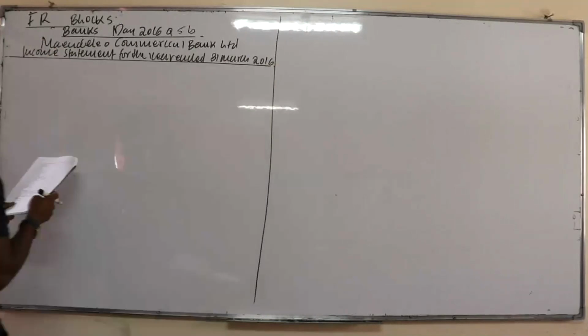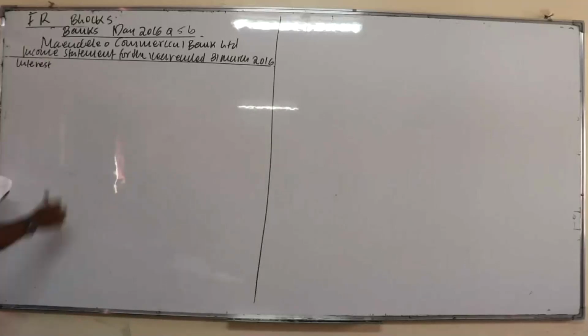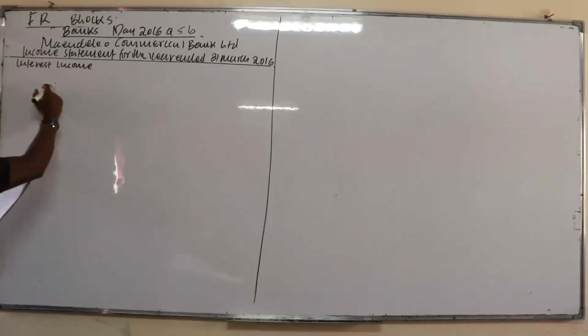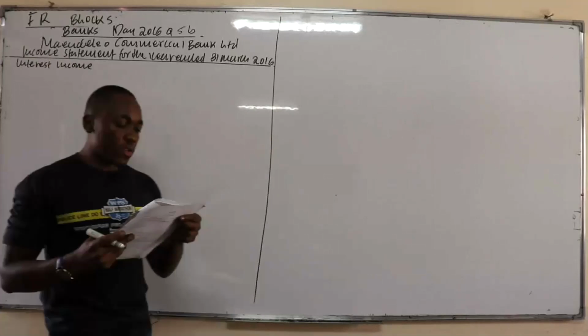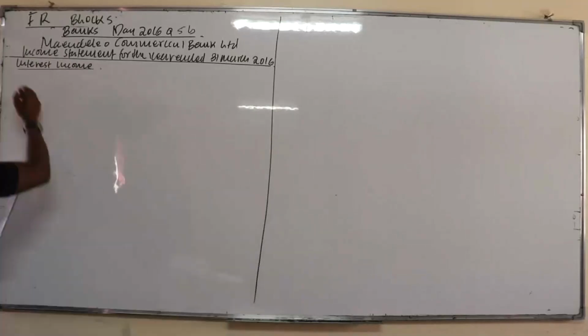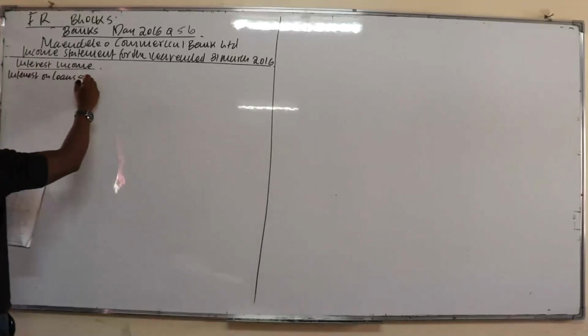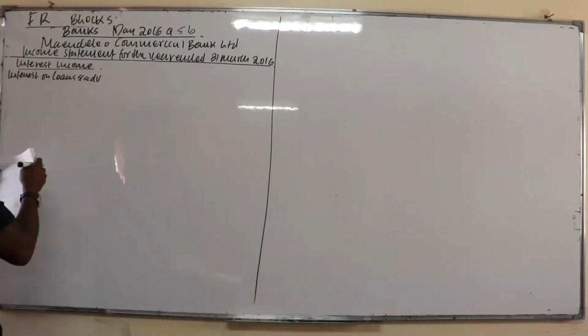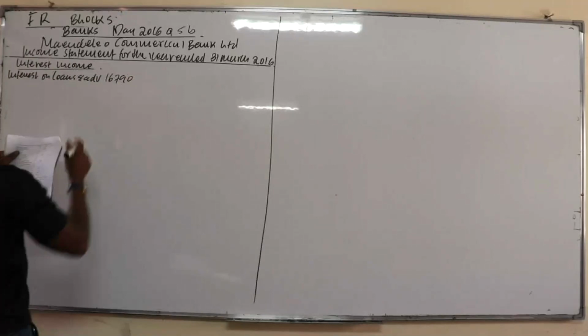So let's start with the interest income. Remember, we said that for the bank, we always start with the interest income. Then we less interest expenses for us to get the net interest. So let's combine all the interest incomes. We have interest on loans and advances, an amount of 16,790.